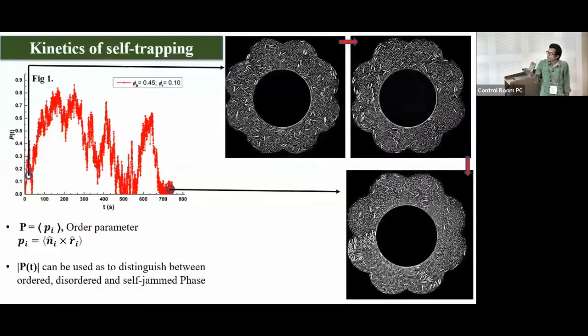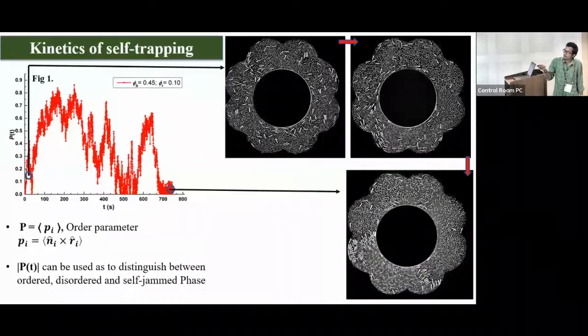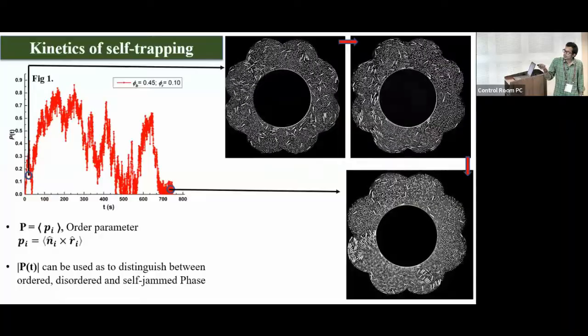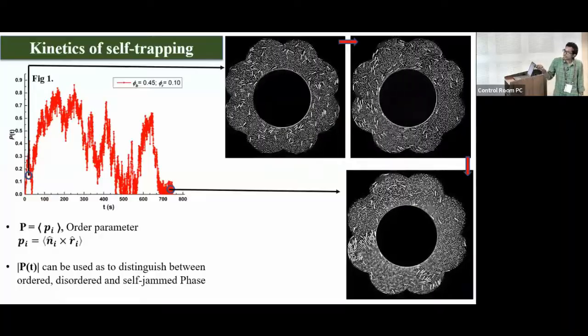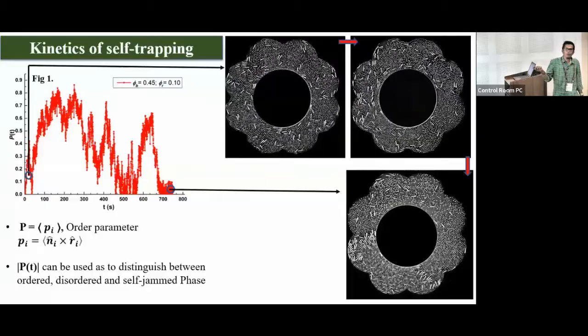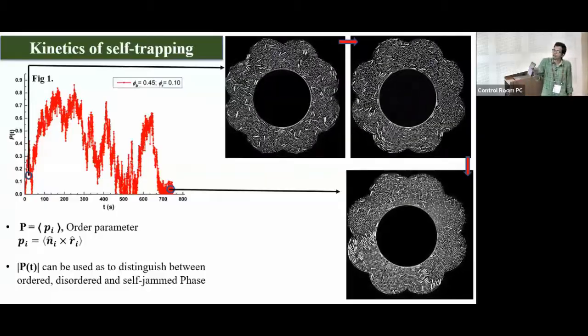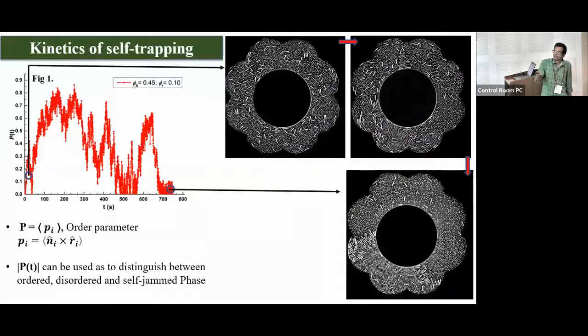In the self-trapped state, for this side, small pi is in the positive z direction, and for this side small pi is in the negative z direction. So overall, if we average over all those rods, this is effectively 0.